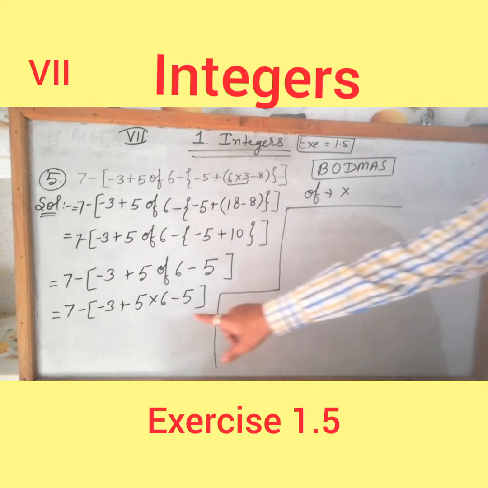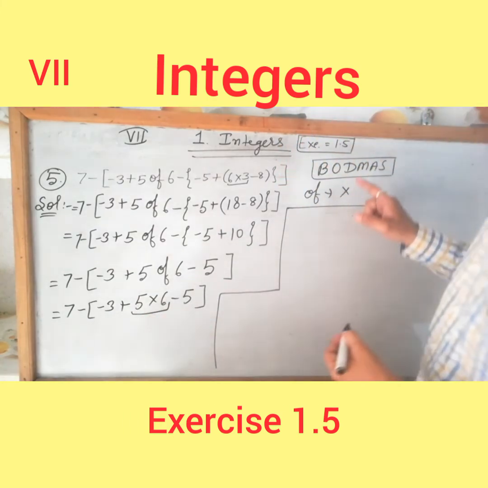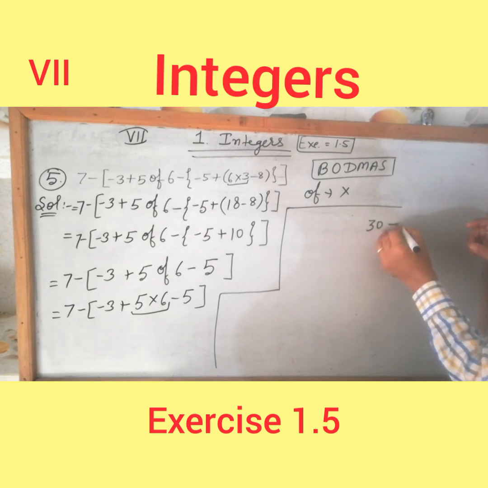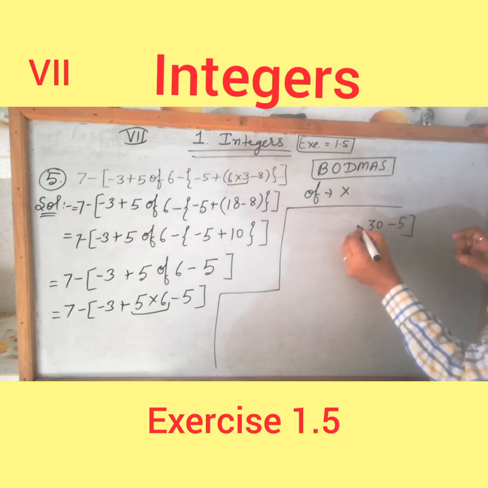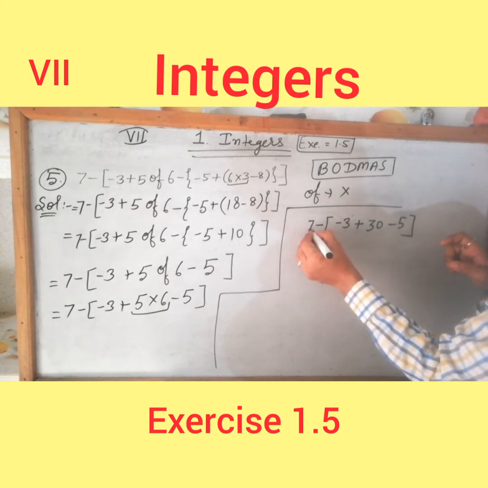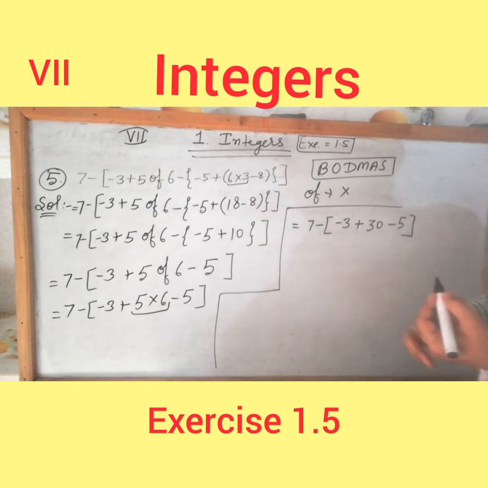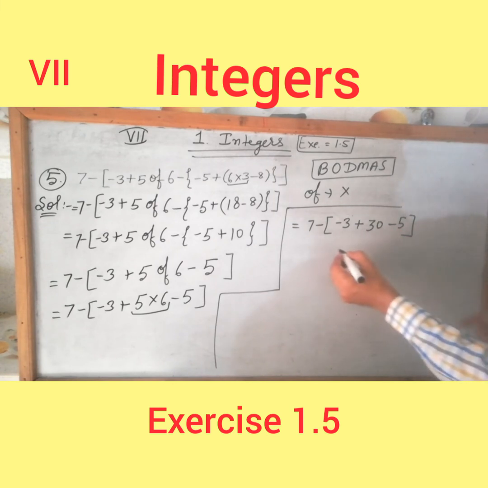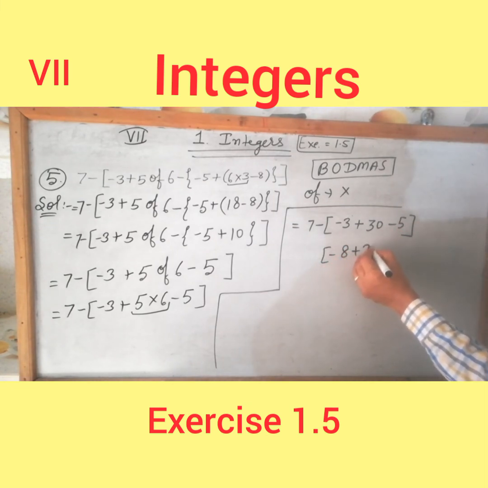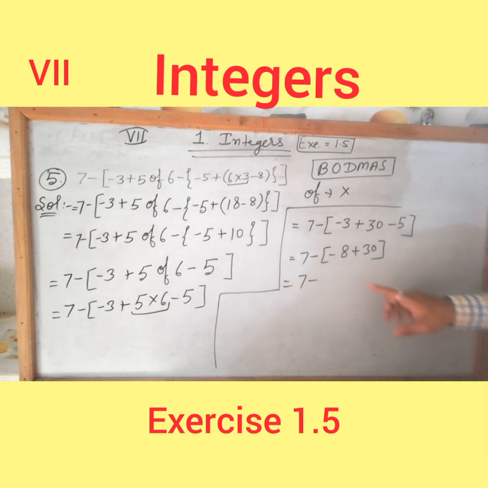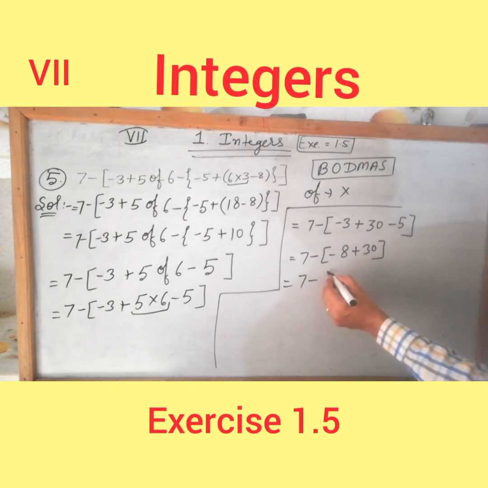Now solve this one, because M is for multiply: 5 6s are 30, right, here 30. The others in the same manner, we will not change anything by ourselves. Then what will we do? We apply here minus 5 and minus 3, that is minus 8 plus 30. 7 minus, this will be solved, it's 22.